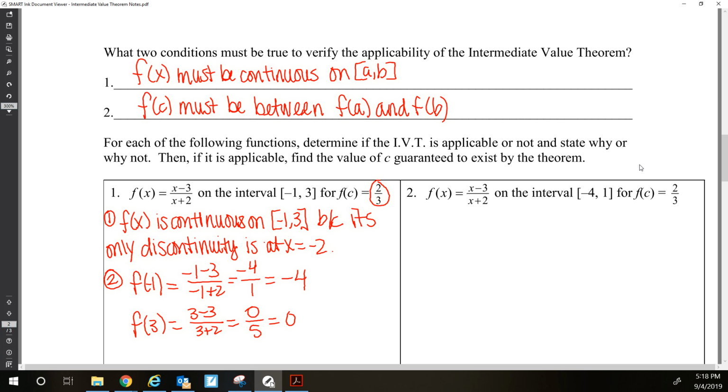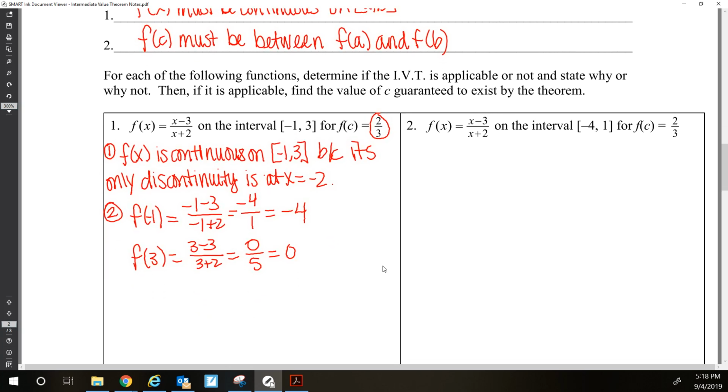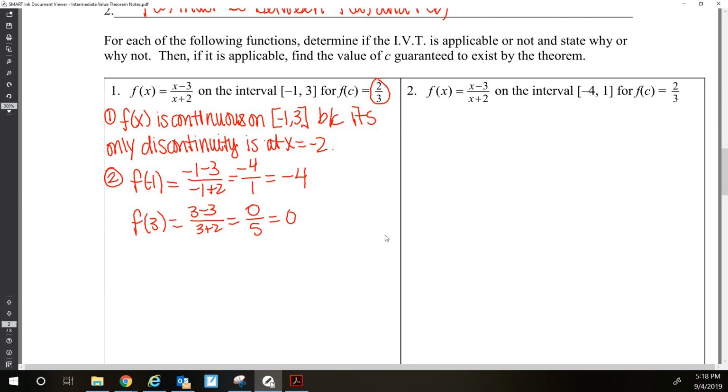So you have to ask yourself, does 2/3 lie between -4 and 0? Yes or no? No, 2/3 is over here, right? It's bigger than 0. So we satisfied the first condition, but not the second condition, so IVT is not going to hold for this one. Here's the fancy way of saying that.